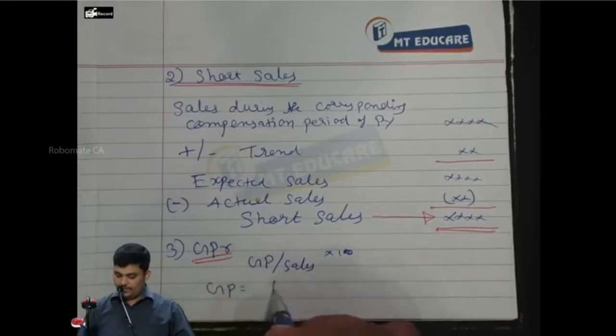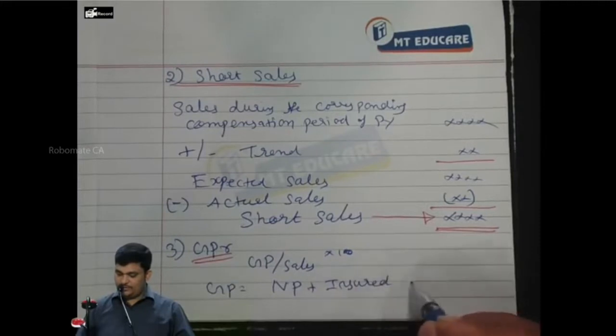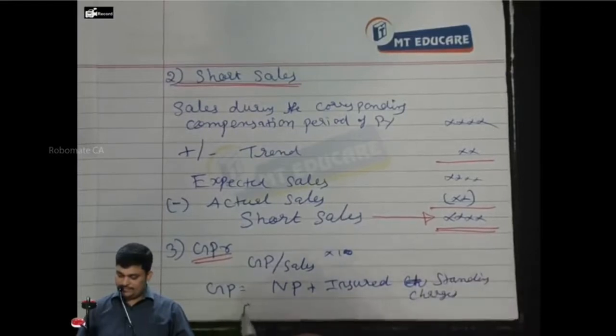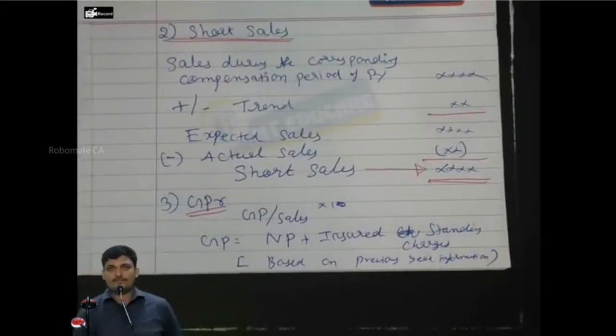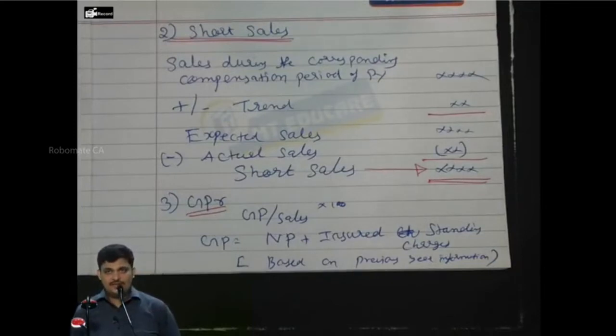Gross profit equals net profit plus insured standing charges, based on previous year information.